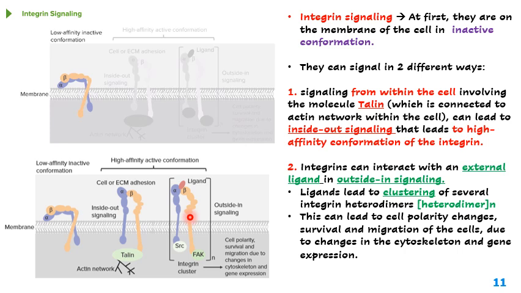Okay, so when a bunch of those molecules get together, they're going to form a cluster of high affinity integrins in this particular area, and that cluster is going to allow intracellular signaling of those domains that are ready to interact with something else.